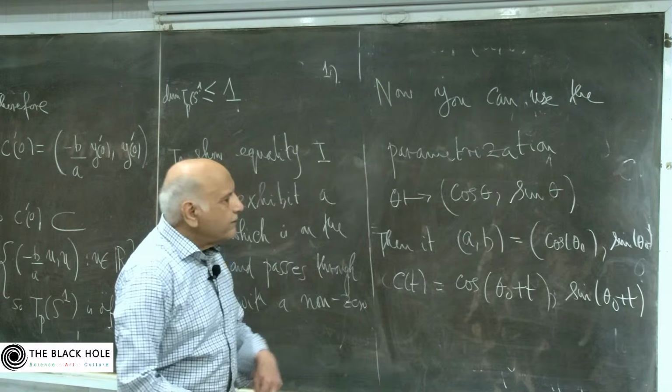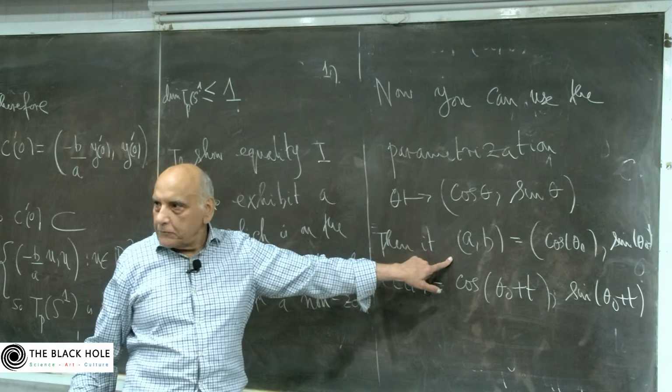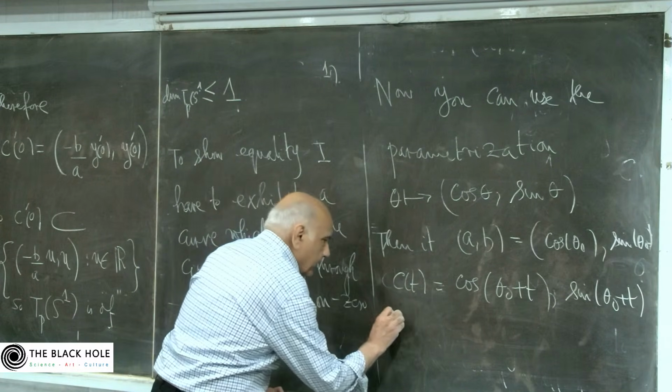Okay. So what is C of 0? Of course, C of 0 is your given point. Differentiate this, what do you get? C prime of t.